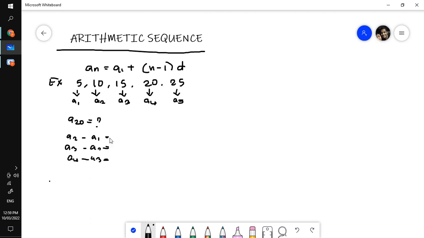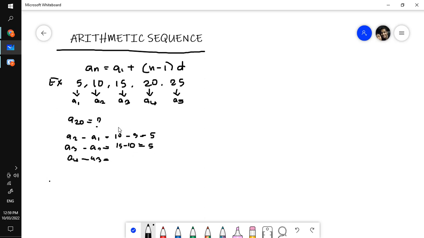So let us substitute. 10 minus 5, that's 5. We have our a sub 3, that's 15. A sub 2, that's 10. So we have 15 minus 10, that is 5 also.